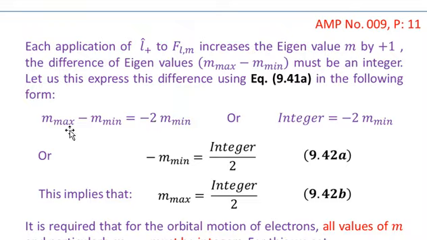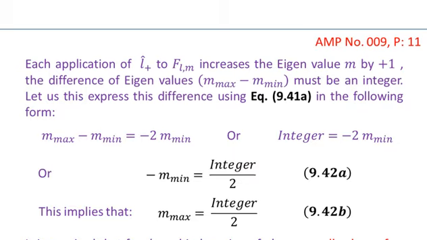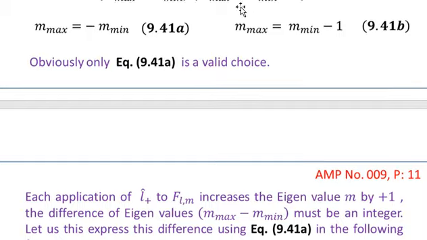So you have m max minus m minimum from equation number 4.18, which should be equal to minus 2 times m minimum, because here you have used equation 9.41a, that is m max is equal to minus m minimum.